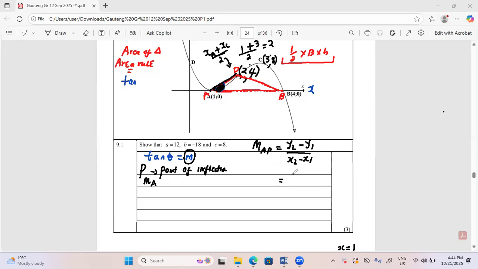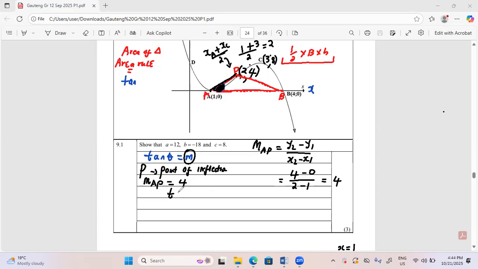So y2 is 4 and y1 is 0. You say 2 minus 1, which is 4 over 1. It's 4. So the gradient of AP is 4.